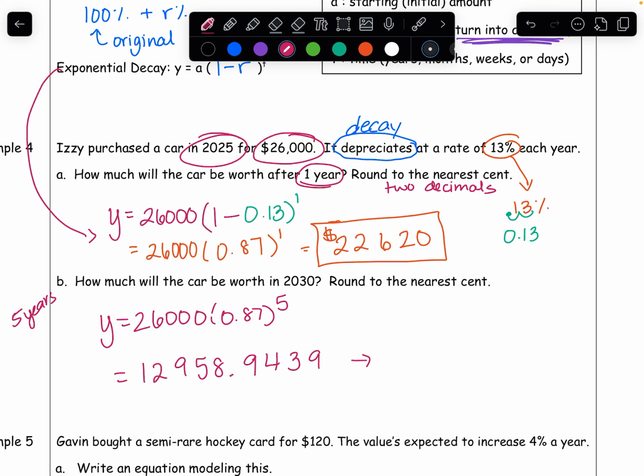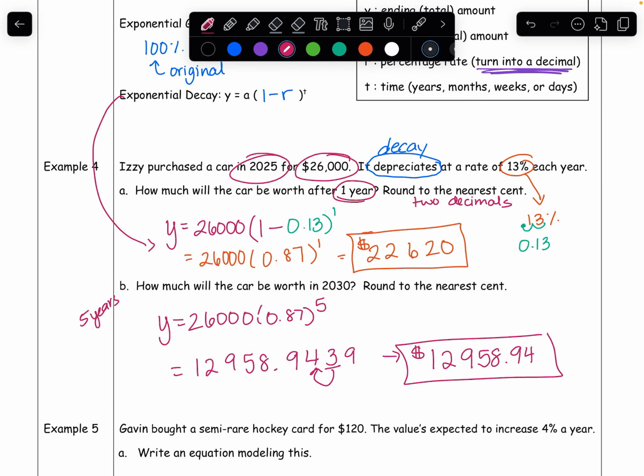And so, because we have to round to the nearest cent with our units, we're going to end up with $12,958.94. The reason is we look at that 3 to see if we need to round up or keep the same.